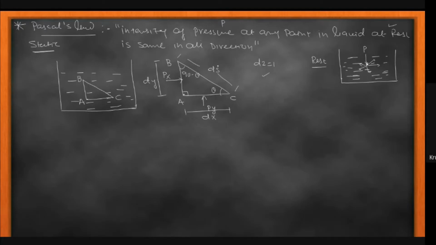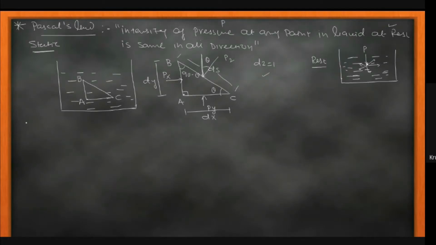And the pressure acting on this surface, that is at P, is called Pz, which makes an angle with the normal. I'm plotting the normal to the surface, and this angle is theta because this angle is theta.